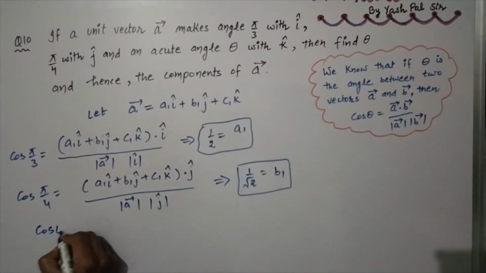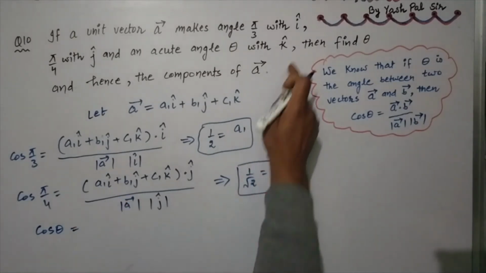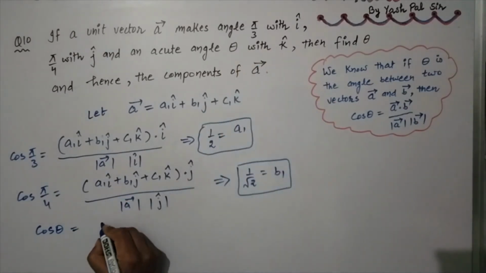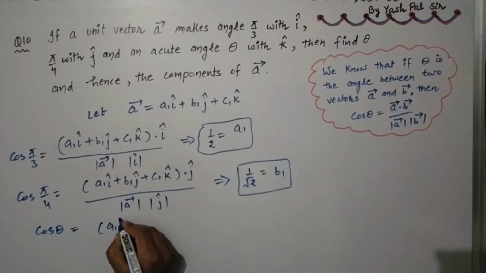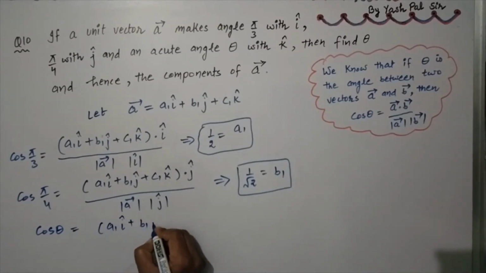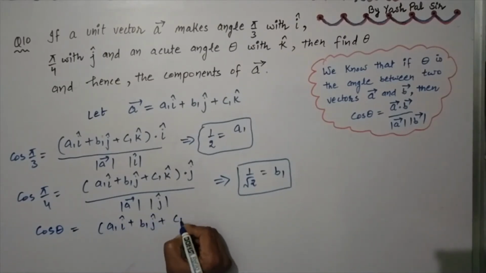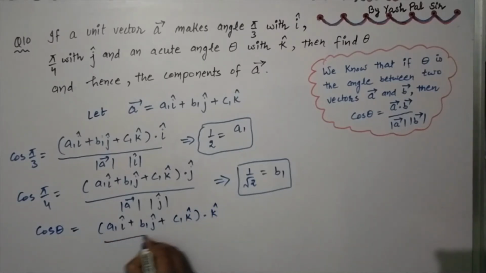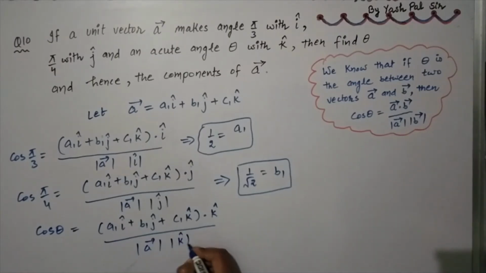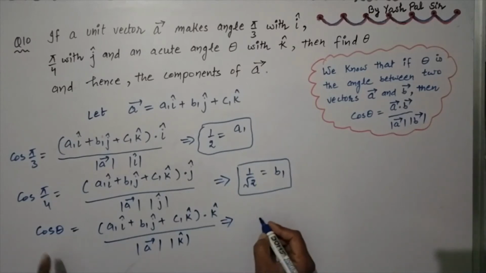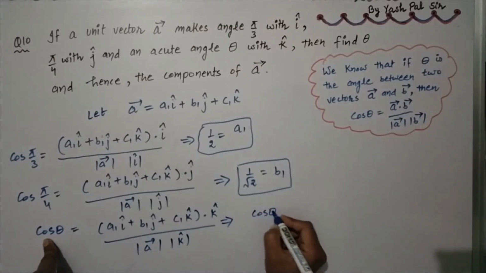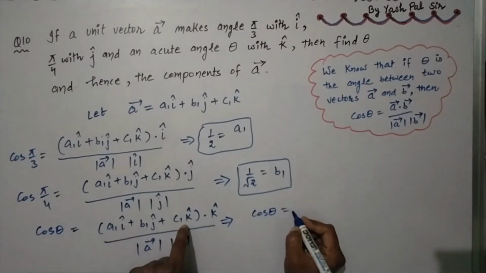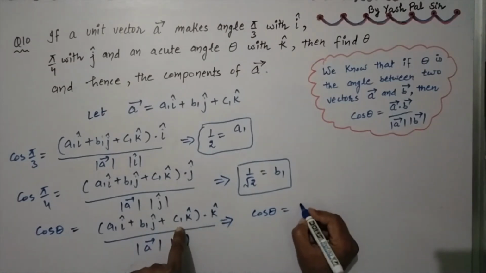Okay. Now next, third, c1, that is cos theta. Cos theta is equal to the angle with k. We write a1i plus b1j plus c1k dot k, divided by magnitude of A into magnitude of k.